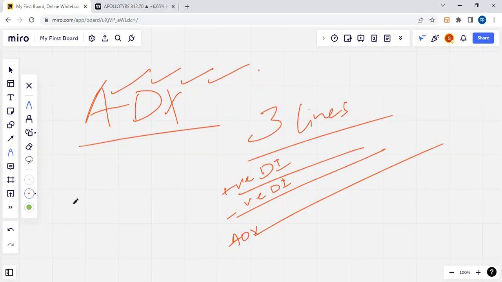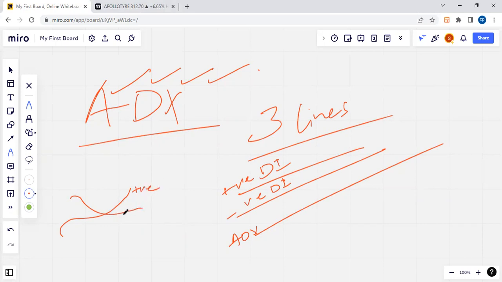Suppose whenever this positive DI and negative DI crossover takes place, normally we can consider that if the positive DI is above, it is a positive trend.